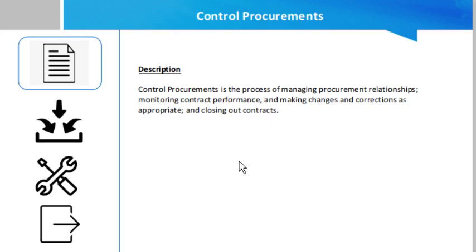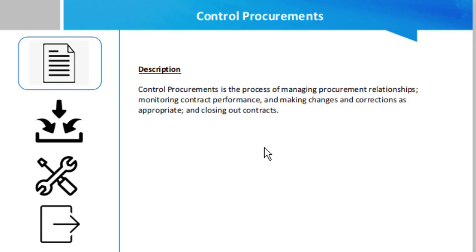Now you have to make a contract, you have to make some documentation about the cost, the requirement, and how you will purchase the goods and services from the seller. So you are controlling the purchasing of goods and services. That means you have to make a contract and a process for how you will monitor and control the procurement.